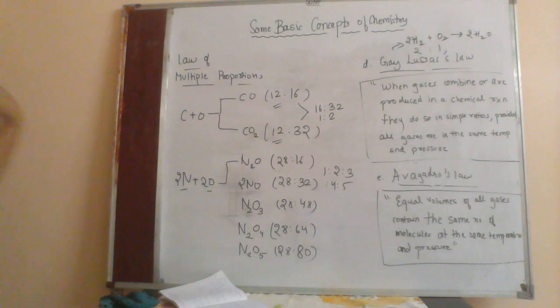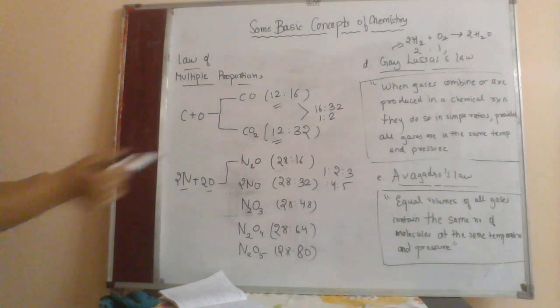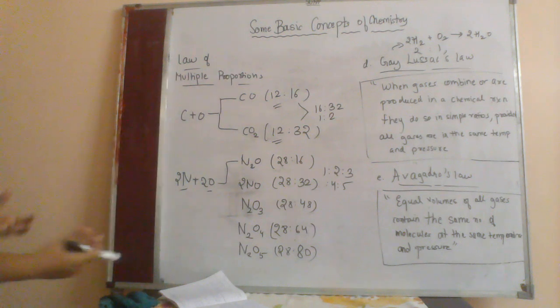Now coming to the next law, given by Gay-Lussac. When gases combine or are produced in a chemical reaction, they do so in simple ratios, provided all the gases are at the same temperature and same pressure.